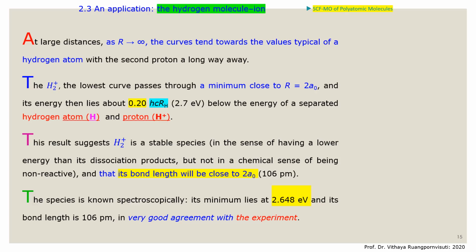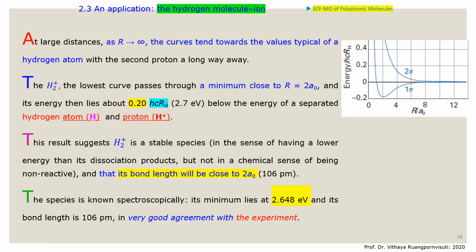Consider the previous figure, the potential energy diagram of the hydrogen molecule ion, figure 2.3. We can see that at large distance, as R approaches infinity, the curve tends towards the values typical of a hydrogen atom with the second proton a long way away.